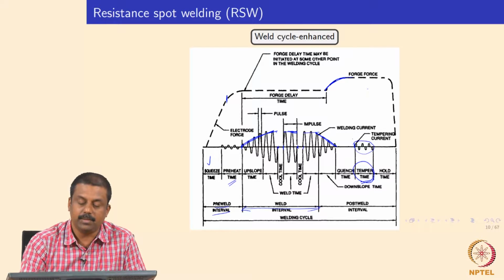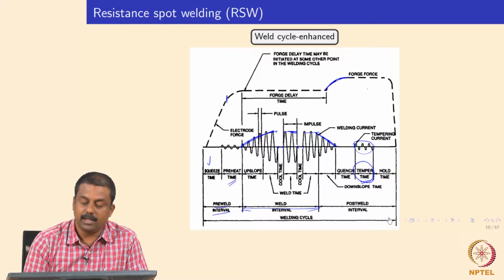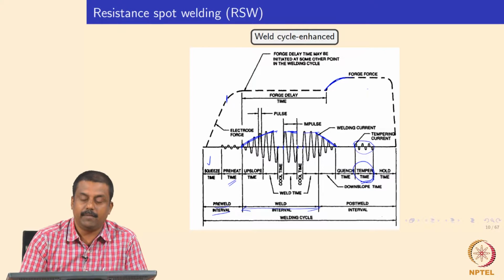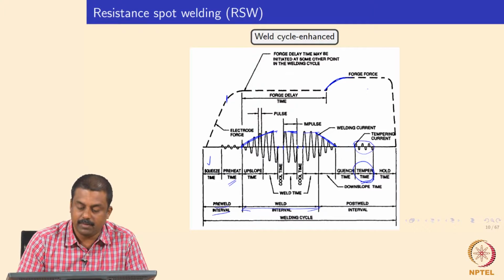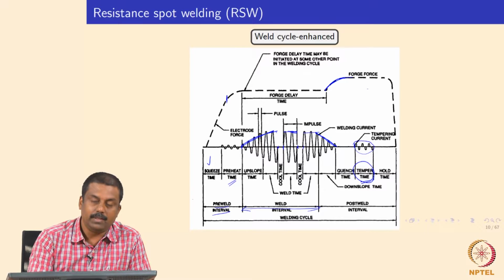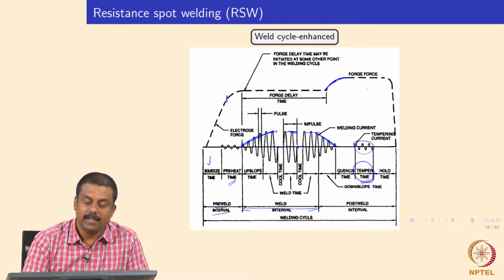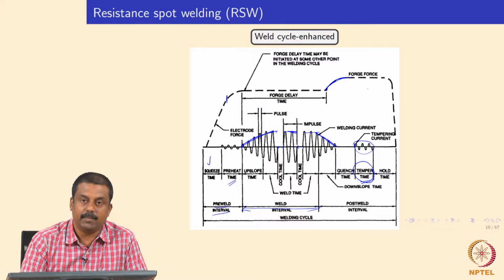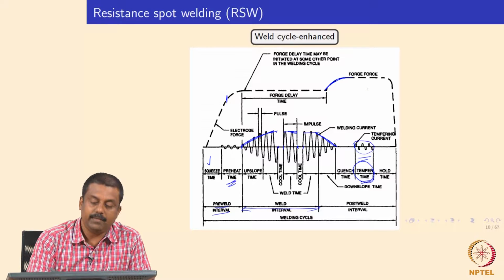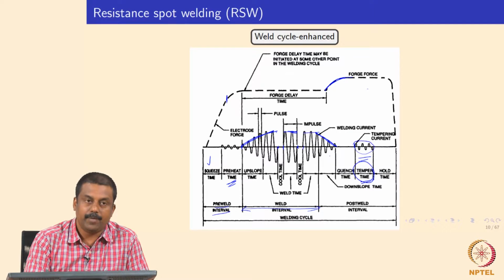So everything is possible, and the entire cycle can be completed within a second or so, or not more than a few seconds. The entire thermal cycle of weld nugget formation can be altered based on our needs. For example, as I explained, if you want to temper your weld nuggets, we apply a small post-pulsing current, or if you want to reduce the cooling rate after welding.